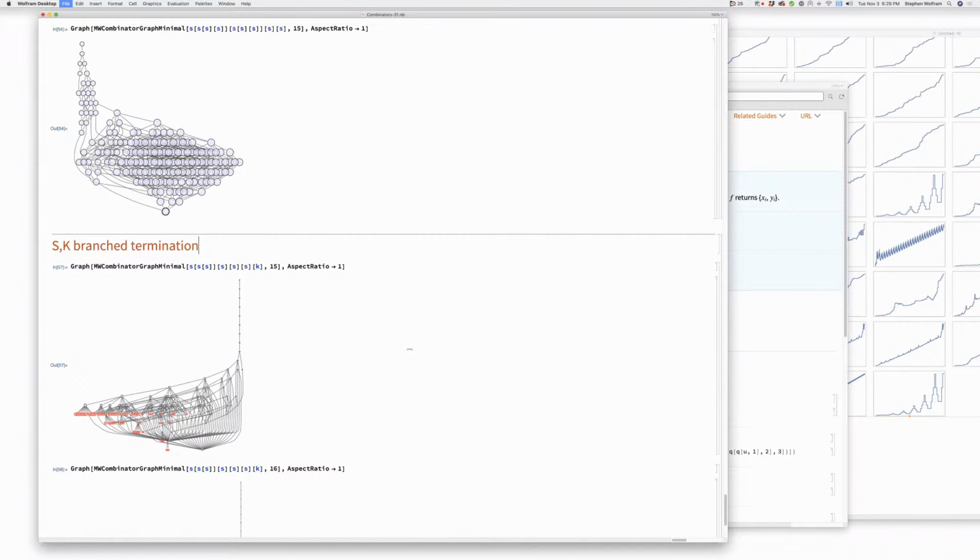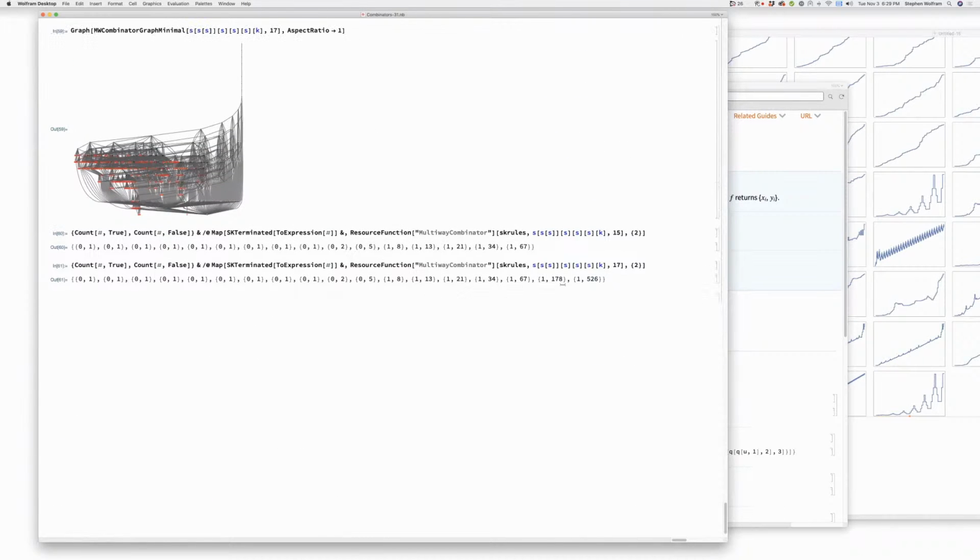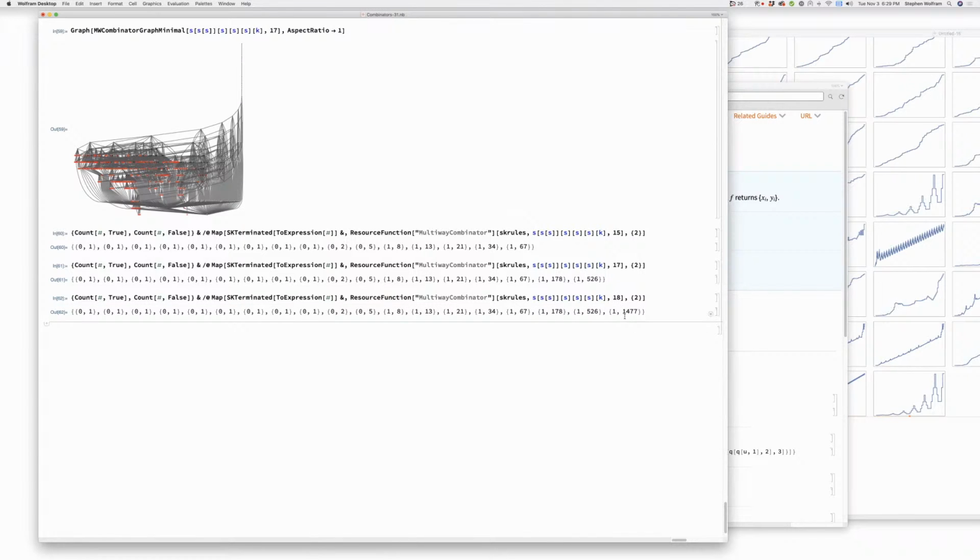It's its own separate thing. And this is showing that this really isn't going to terminate because this thing is growing rapidly. It's got one terminated thing, but its number of unterminated ones is increasing rapidly.